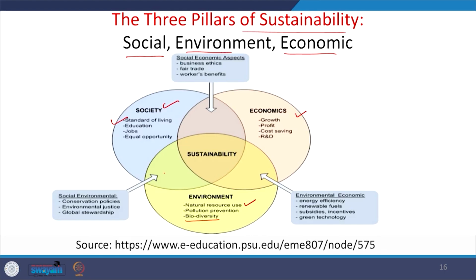And the intersection point, let us say the point of societal sustainability and environmental sustainability. So what are we talking about? Here we are talking about the policies that we frame, so that the societal sustainability and environmental sustainability can be possible, like the conservation policies.